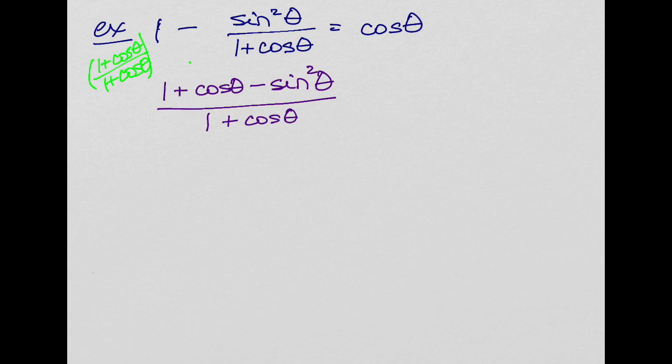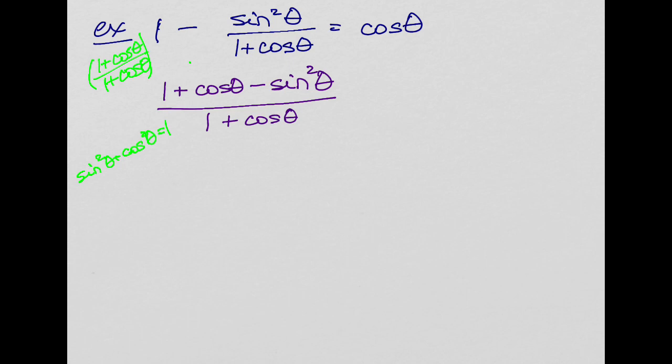I'm going to notice that what I'm aiming for is just cosine theta, and I got this sine squared in here, so I would like to do something to make that into cosines instead of sines. The good news is there's an identity for that. We know sine squared theta plus cosine squared theta is 1.